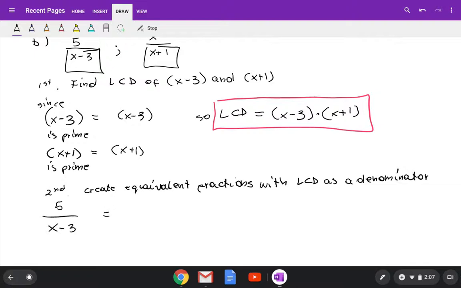What we want to do is build an equivalent fraction with the denominator being your LCD. So we need x minus 3 times x plus 1. So look what happened.